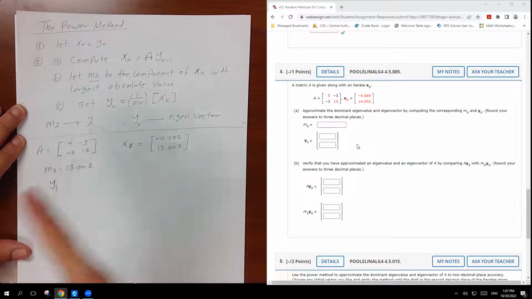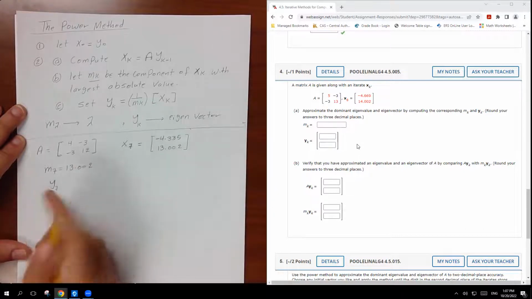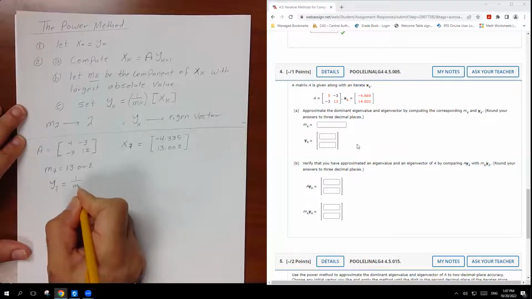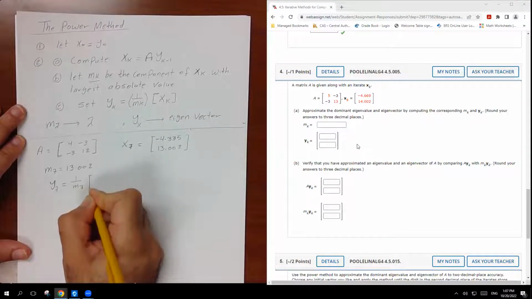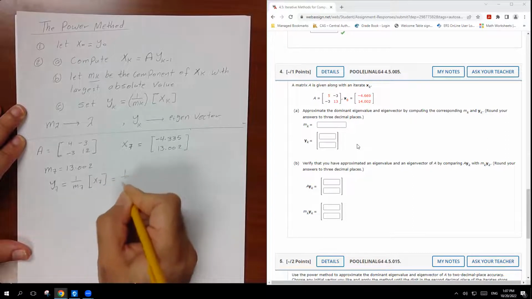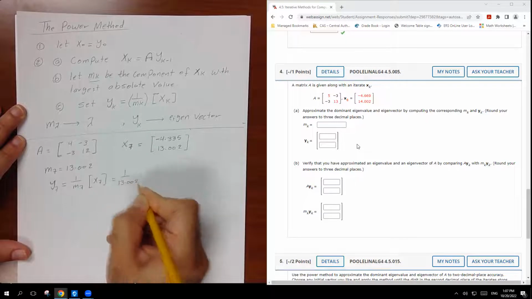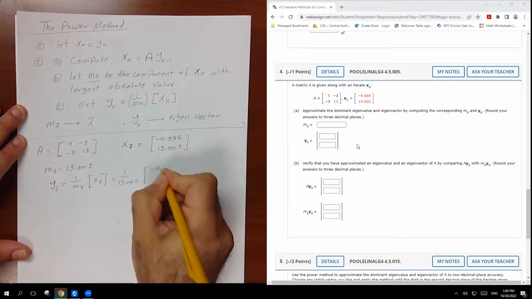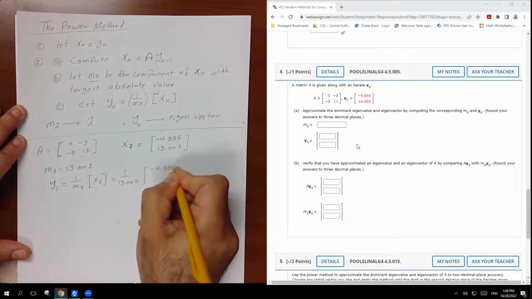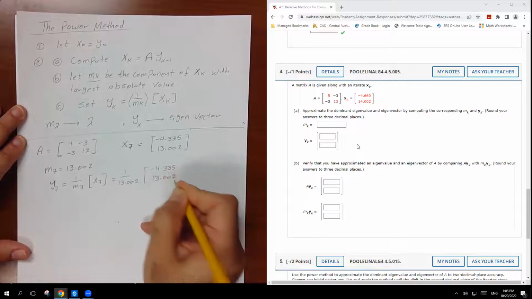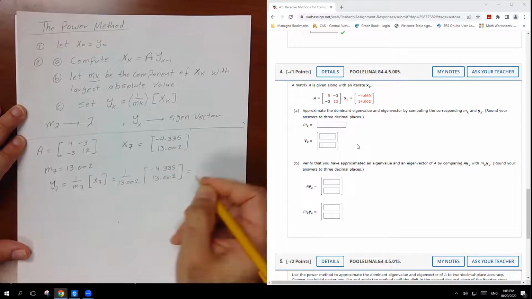Now we need to find Y7. Until now, I didn't go to the next step because I need to find Y7, which is 1 over M7 times X7. That equals 1 over 13.002 times negative 4.335 and 13.002.